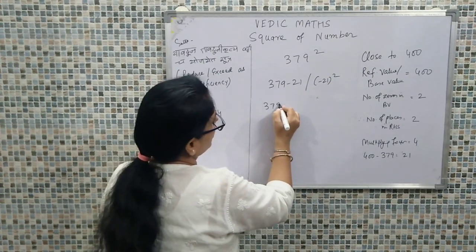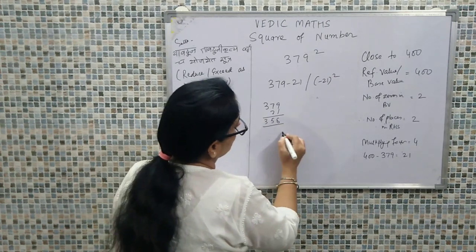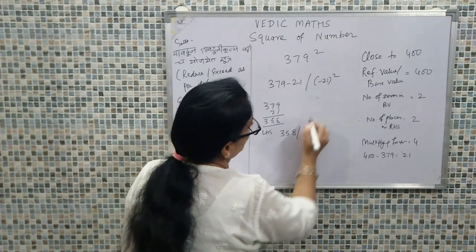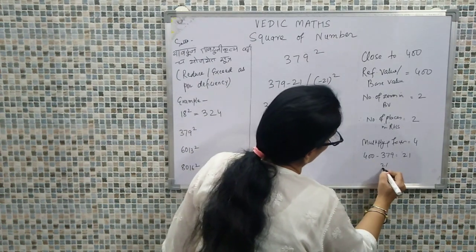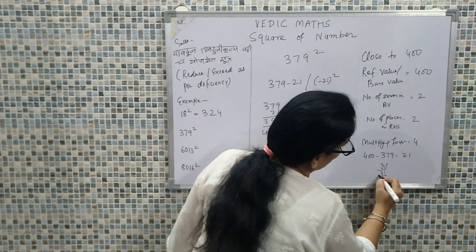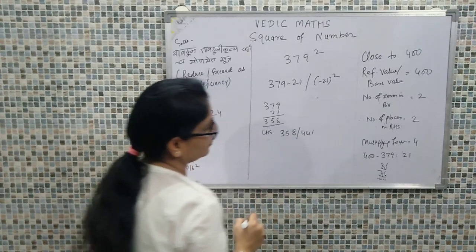So 379 minus 21 will come out to be 358. So we have the LHS as 358 oblique, and we need to calculate the square of 21. So 21 square is 441. Here we have 441.